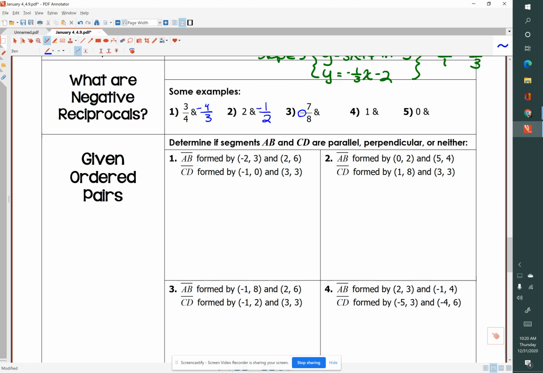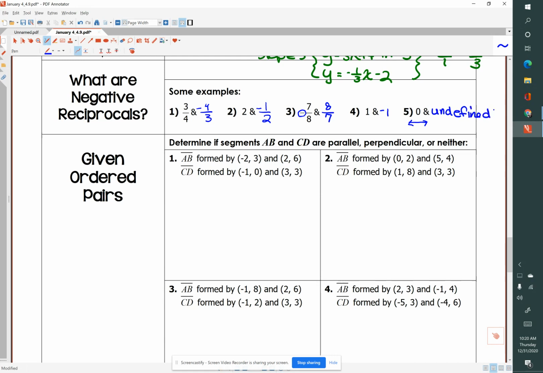So we're looking at positive 8/7. And in the case of a slope of 1, a negative reciprocal is -1. In the case of a slope of 0, remember 0 is a horizontal line. So the negative reciprocal of that would be undefined.